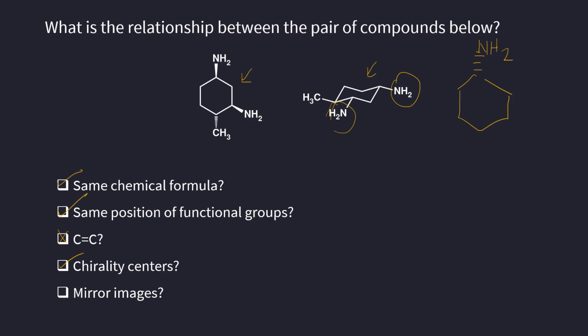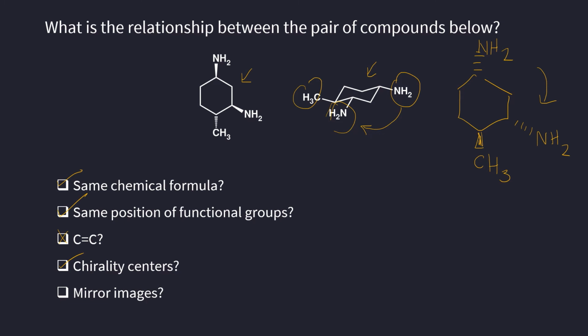This amino group is pointing downwards, so we'll also write it as a hash. And this methyl group is written going upwards, so it is a wedge. Take note that as I'm writing the groups around the cyclohexane ring, I'm going in a clockwise direction here. So in the molecule that I'm drawing, I'm also going in a clockwise direction.